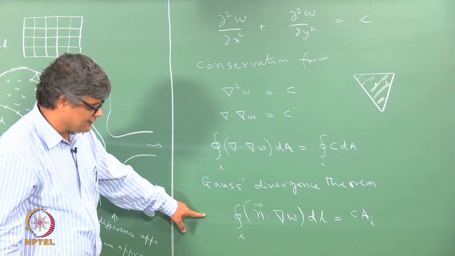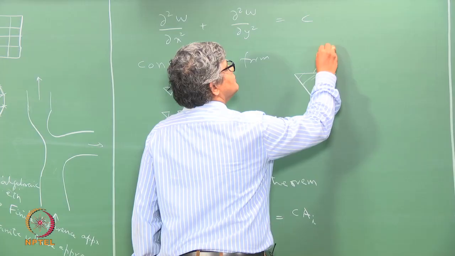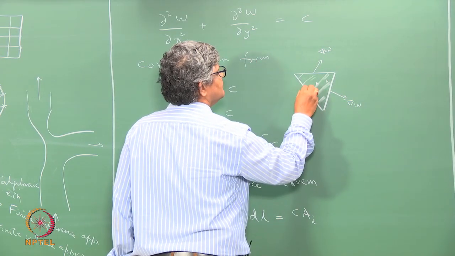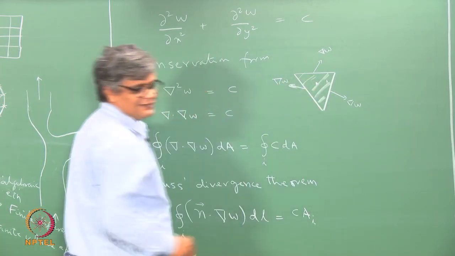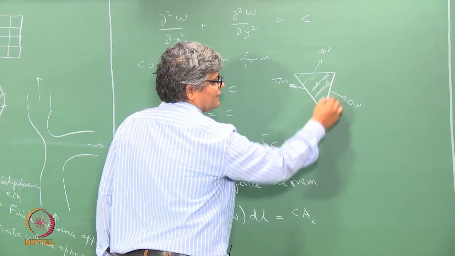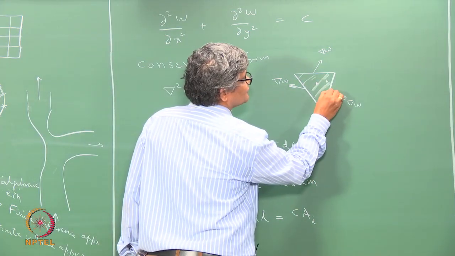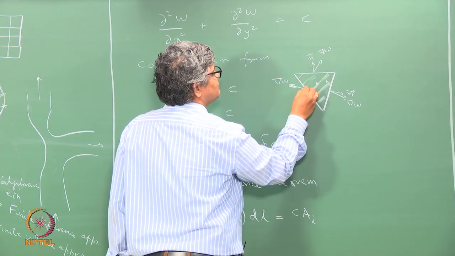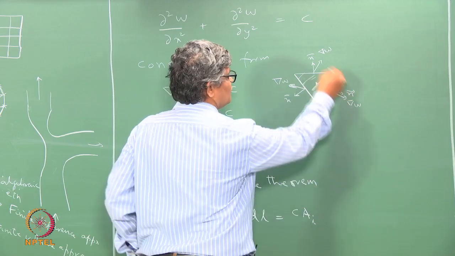What this equation tells us is that you just evaluate the gradient of W at each of these faces, because this area is covered by these surfaces here, and then you take the outward normal vector of each face, and then you take the dot product and then sum over all these things.